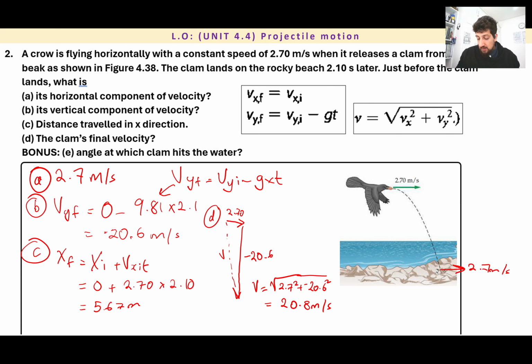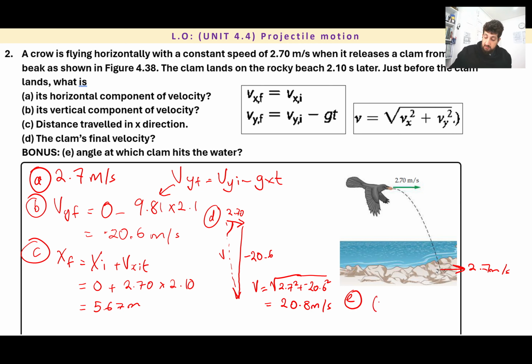Okay. And finally, a bonus point which says, at what angle did the clam hit the water? So we are trying to work out this angle here, I suppose. Once again, 20.6 divided by 2.7, and that is opposite over adjacent. Shift tan, answer 82 degrees.